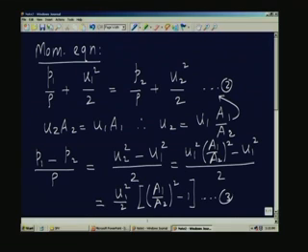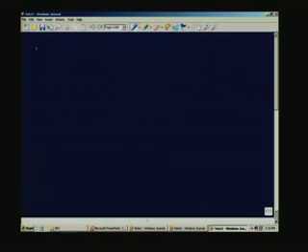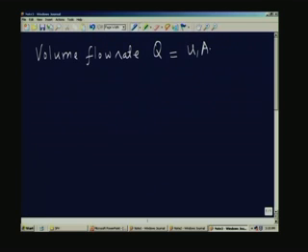So, this is the equation obtained by combining equations 1 and 2. I get this equation, and let us now look at the volume flow rate, which is nothing but Q equal to either u1 a1, which is also equal to u2 a2, and I will use the expression for u1 from equation number 3.